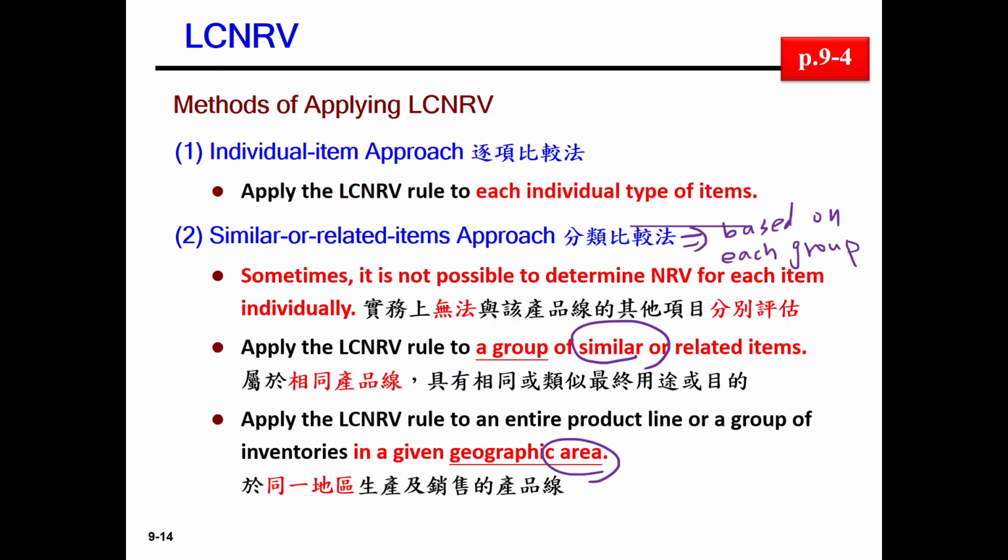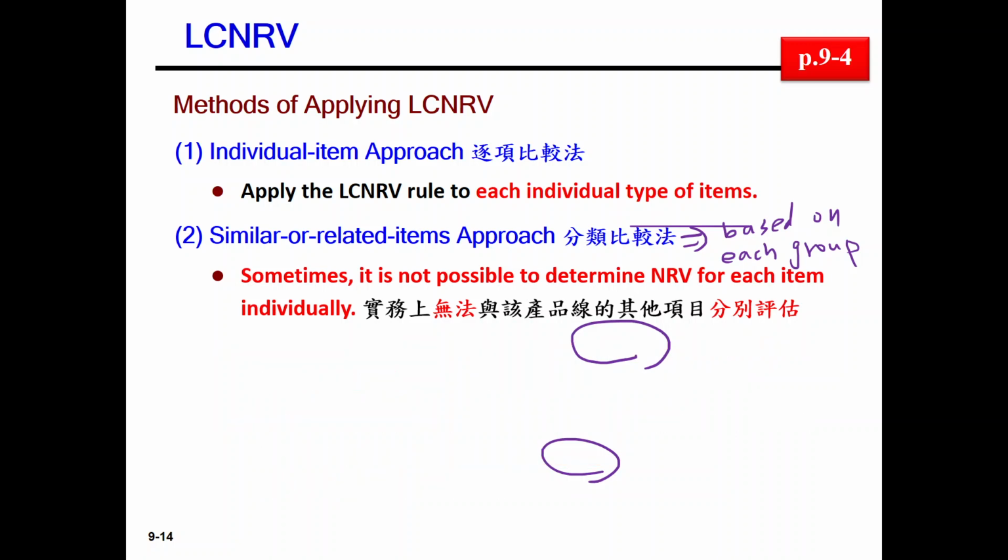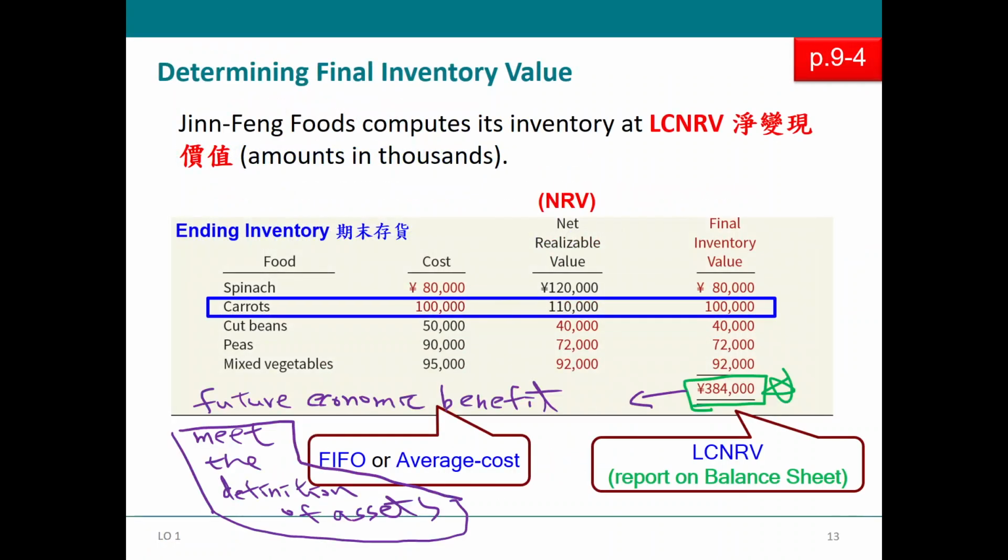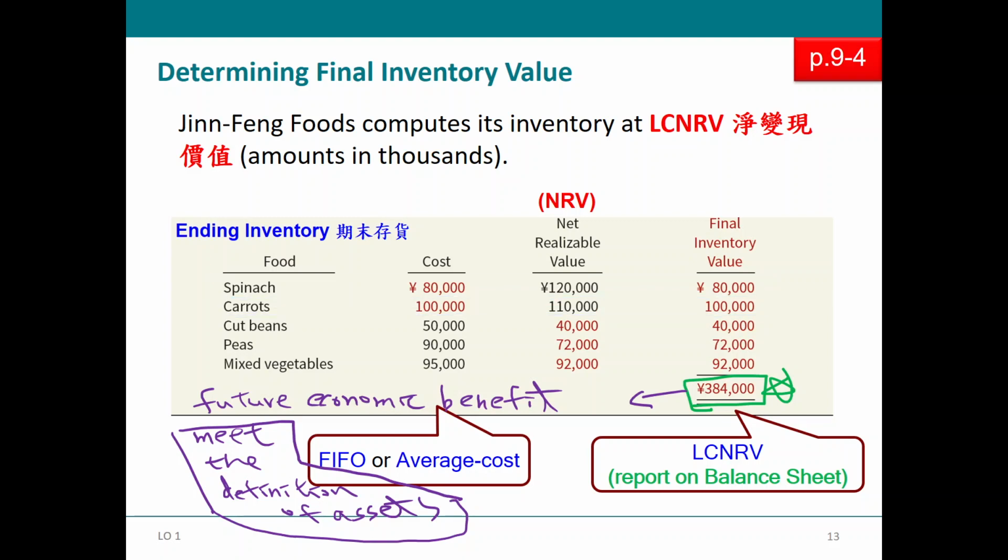Then why do we have the second way, similar products or same area, classify them as a group? Because it's quite hard to find out NRV. So what does NRV mean? Do you know what NRV means? NRV is my estimated selling price, right?